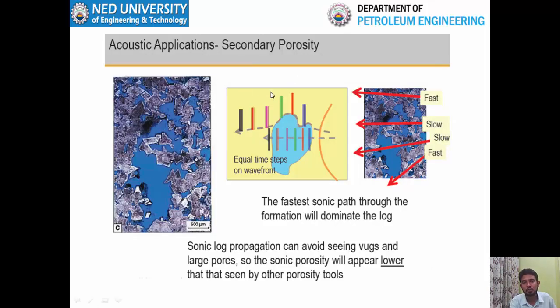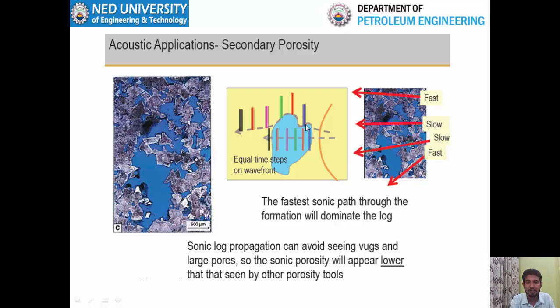The second important use of the sonic log is to identify the fractured zone, the secondary porosity zone. The principle behind using this is that the sound wave avoids the larger pores. For example, in this case, there is a large vug, and vugs are created when your matrix is dissolved by fluids.